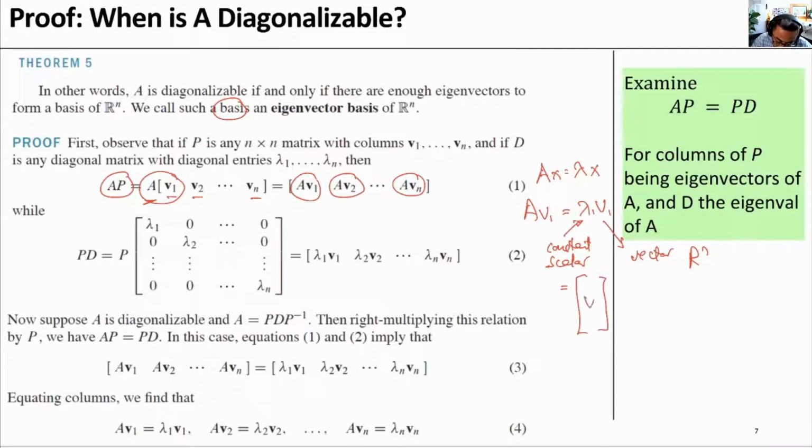We can put it as lambda 1, a constant, multiplied by V1, or we can put V1 multiplied by a constant. It's the same. Or the individual entries will be lambda 1 V11, lambda 1 V12, and so on, until the nth element of V1.